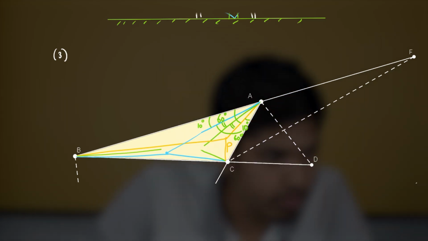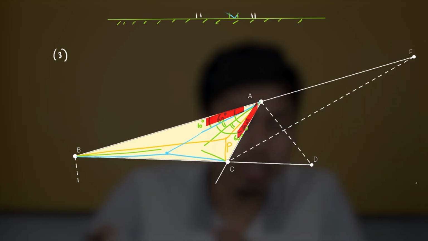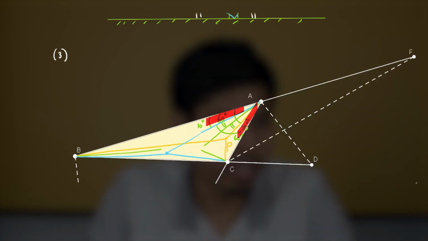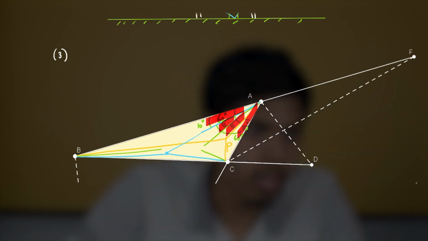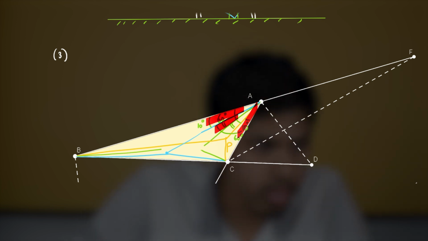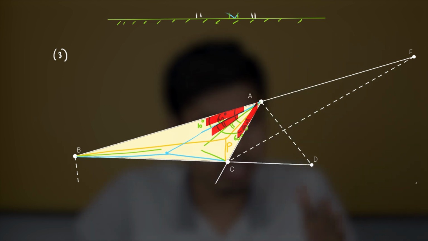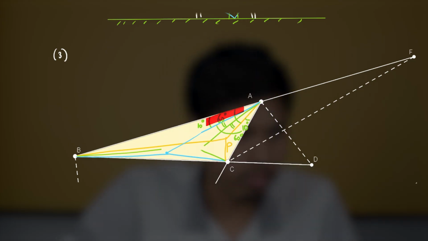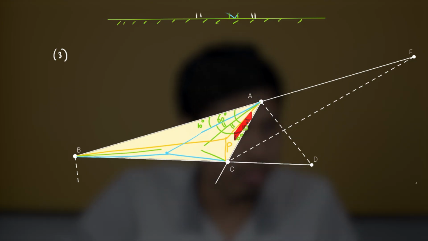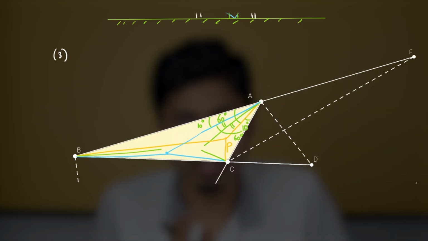The reason is because this angle, the one here, will be equal to this, because they are reflections of each other about the angle bisector. So if these two angles are equal, then those two angles are also equal. Now I know this plus the angle made with the internal angle bisector twice is 60, and therefore this plus this will be 60 as well, and therefore the angle gets swapped upon reflection.